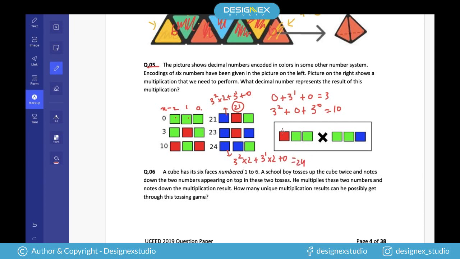Here, this one would be 3 to the power 2 plus 0, and this will be 0 plus 0 plus 3 to the power 0 into 2. So that is 9, this is 9, and this one would be 2. So 9 into 2 equal to 18 would be the answer.